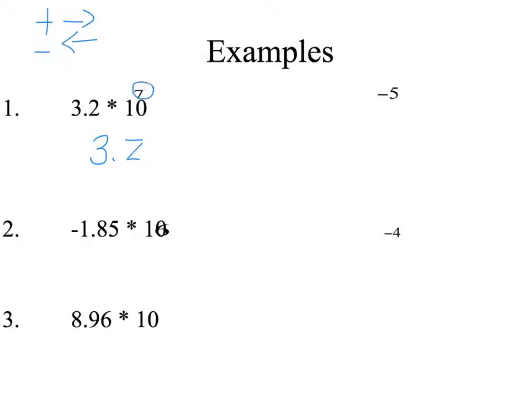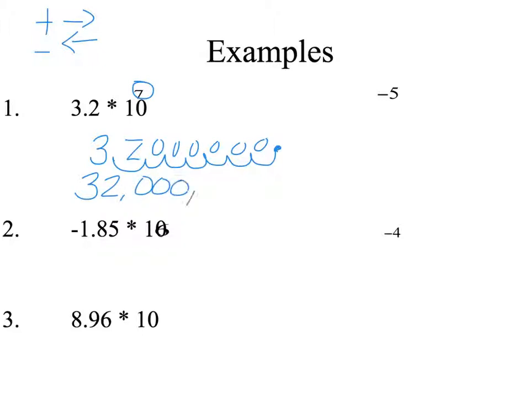So this 7 tells me I'm going 7 places. It's positive, so I'm going to the right. 1, 2, 3, 4, 5, 6, 7. All these open little holes get filled in with zeros. You do need to take it then and write it all nice and neat, putting the commas in where they belong.